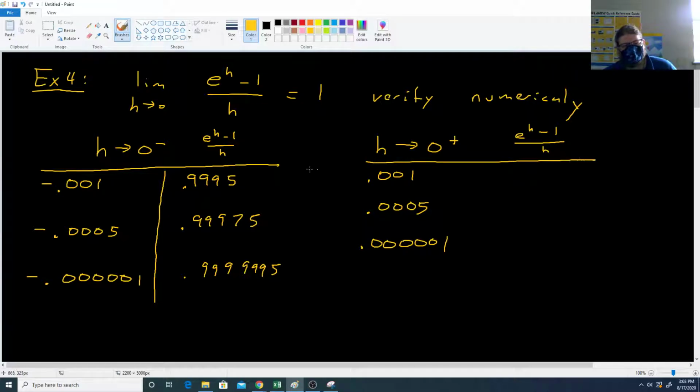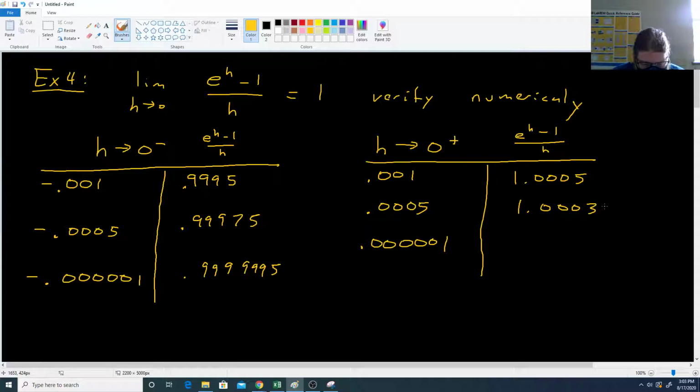So let's see over on this side, as h approaches 0 from the right, what do I get back? When I put in 0.001, I get back 1.0005. If I put in 0.0005, I get back 1.00025.